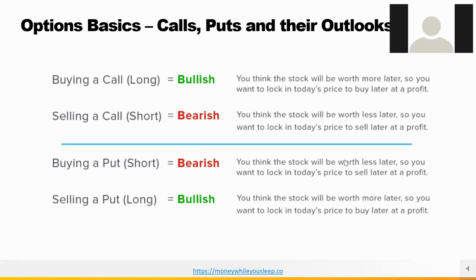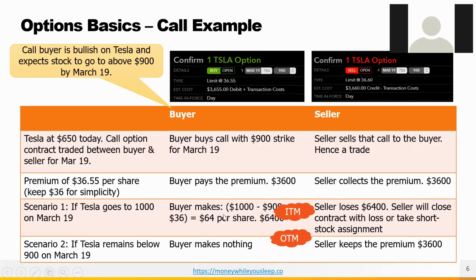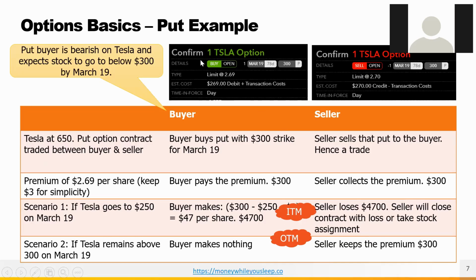Similarly in buying a put and selling a put, the buyer of a put is bearish and the seller of a put is bullish. If a buyer of a put is bearish on Tesla and expects the stock to go below 300, they are going to place this particular trade as a buyer. Hence, there has to be a seller who is betting on the other side.